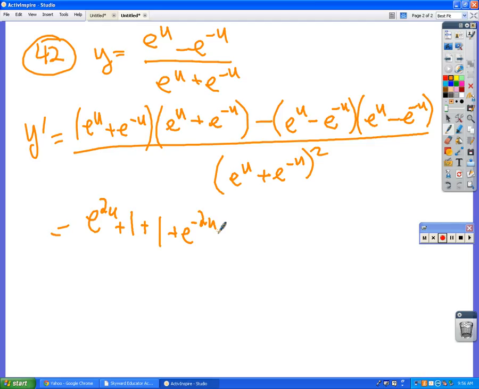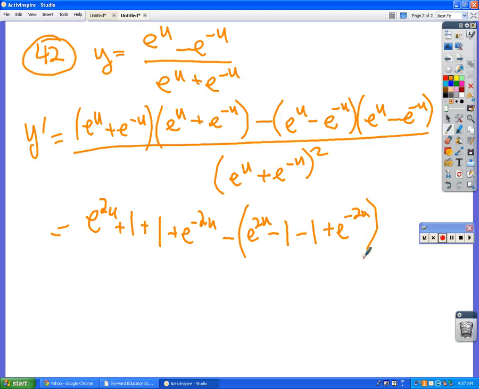Right, and then we're basically going to get the same thing when we go here. First times first is going to be e to the 2u. Outside together is going to be this time minus 1. Inside together is also minus 1. And last times last is plus e to the negative 2u. Okay?